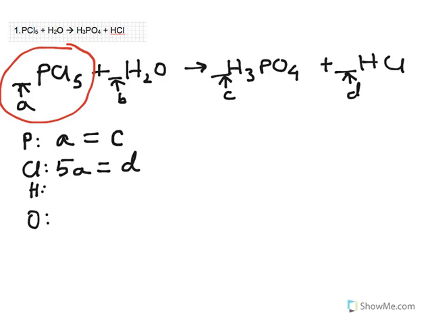For hydrogen, we have 2 hydrogens in water, and we have the variable B assigned to water, so we can say that we have 2B equal to 3C, because we have H3PO4 and there are 3 hydrogens in H3PO4.